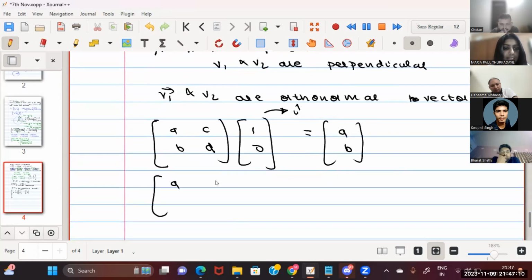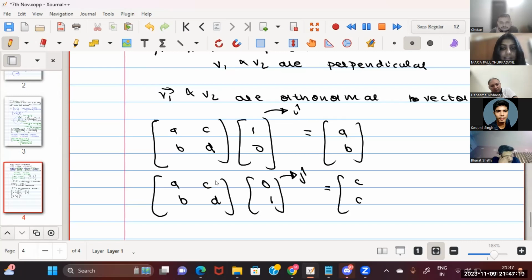And when you apply the matrix to (0, 1), which is the vector corresponding to your J cap, you'll get (C, D). This is something we've discussed before.